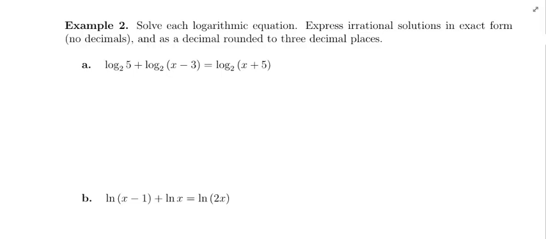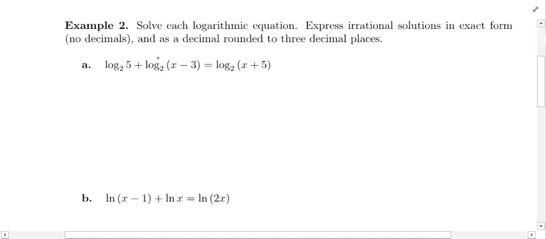The easier thing to do here is that on the left side, I have 2 different logarithms. We can combine them into one, and then we'll have one logarithm equal to another. I think that's the easiest approach, so that's what we're going to do here. We are adding the 2 logarithms. They're both base 2, so we can combine them. Remember, addition turns into multiplication.